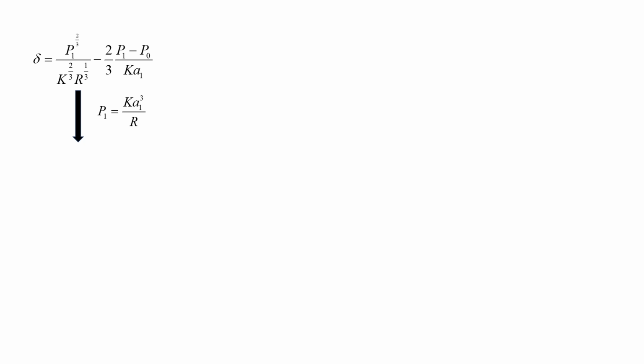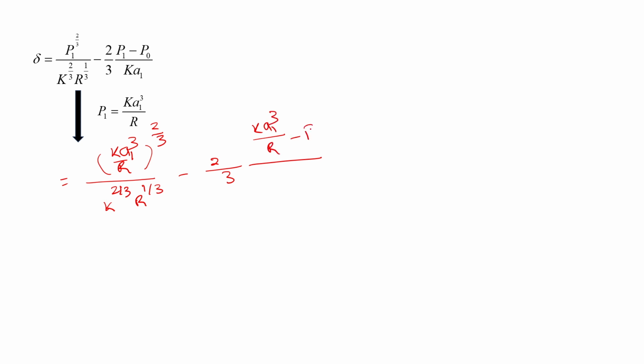So, this is the relation between delta and this. Here I would like to express P1 in terms of Ka1 cube by R. So P1 will be Ka1 cube by R, this is 2 by 3, and K to the power 2 by 3, R to the power 1 by 3 minus 2 by 3, and then P1 will be Ka1 cube by R minus P0 by Ka1.